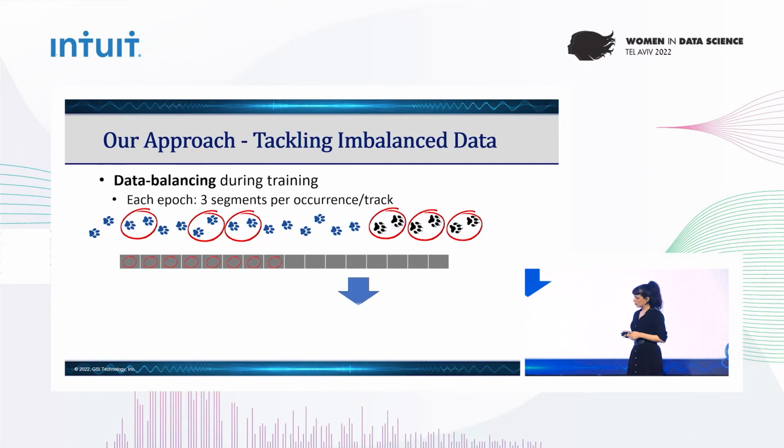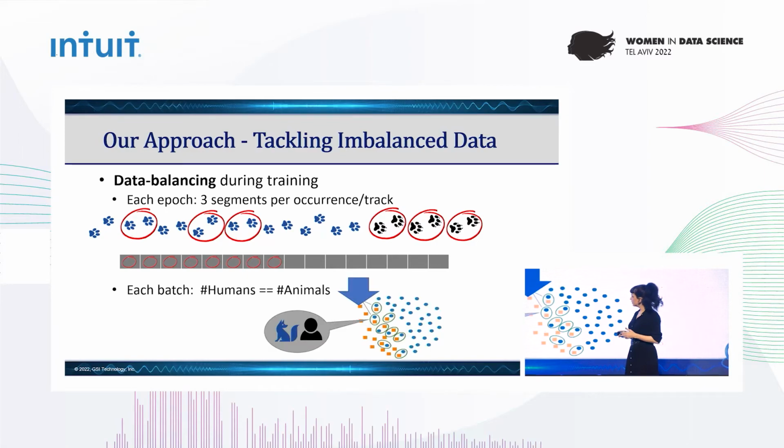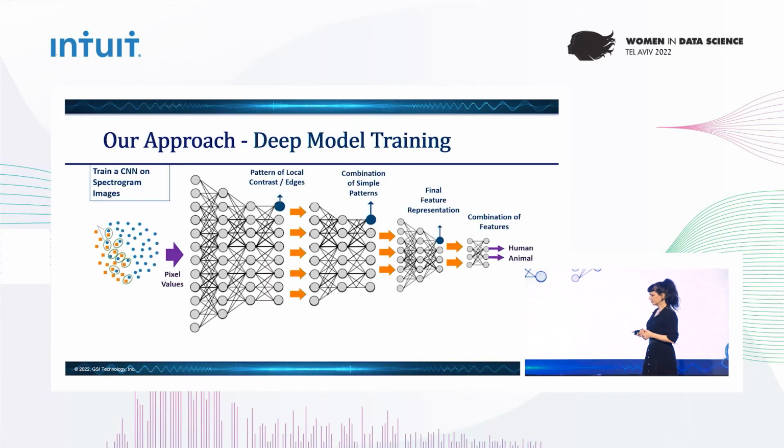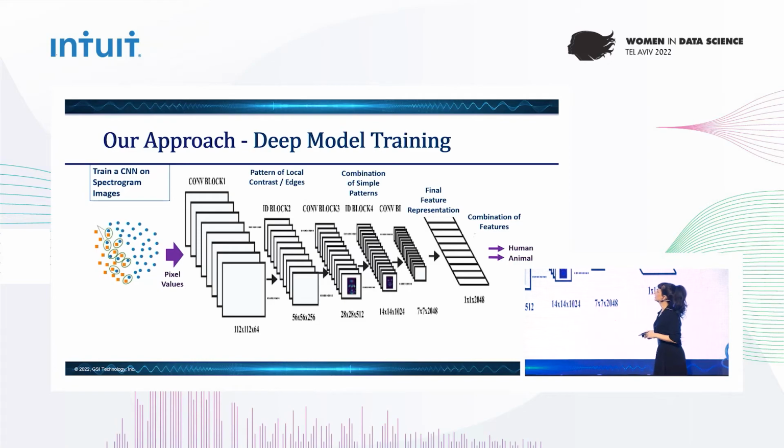And each mini-batch consisted of an equal number of animal and human samples, so that equal penalty will be given in the loss function to human and animal mispredictions. These batches of spectrogram images were fed into a deep neural network for training, or more specifically, a convolutional neural network for visual classification.